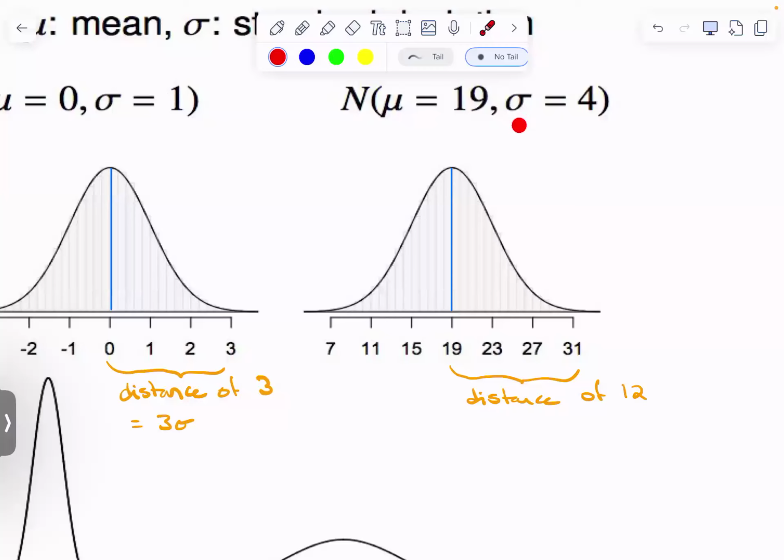But wait, there's more. In terms of how many standard deviations, if I divide it by 4, I get 3 standard deviations. And so again, I get 3 standard deviations. And that is a fact.